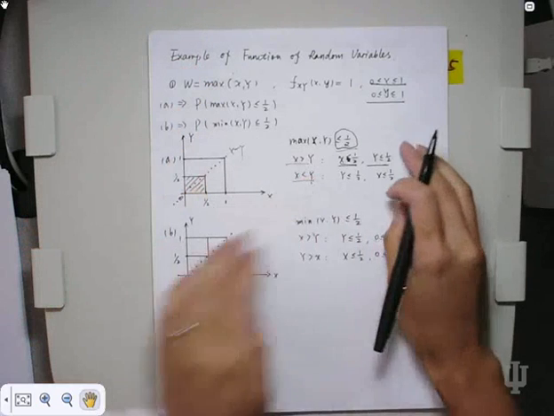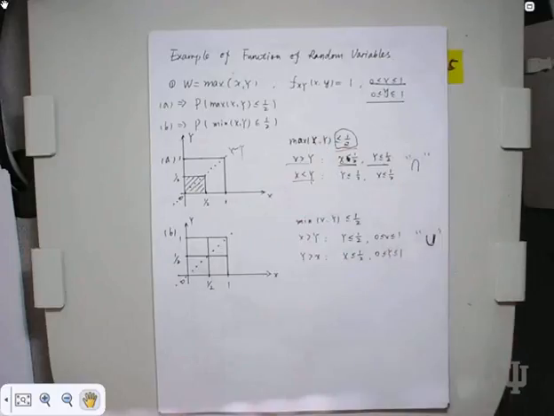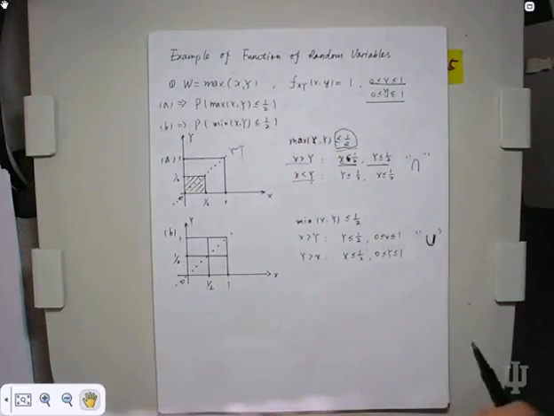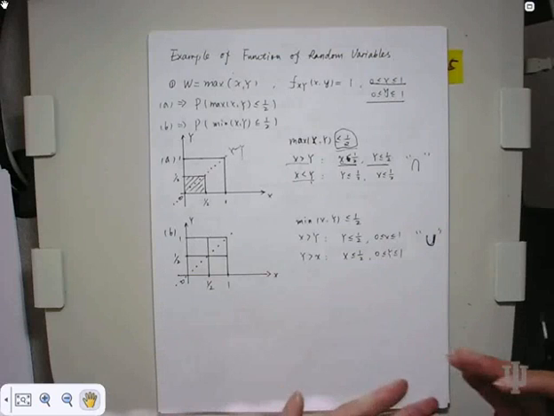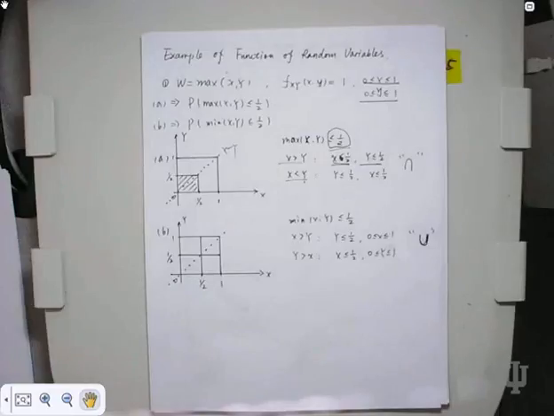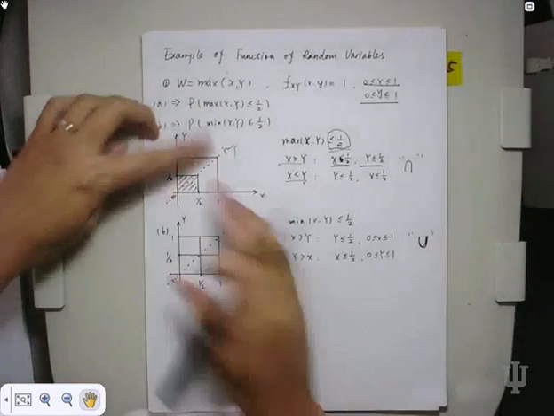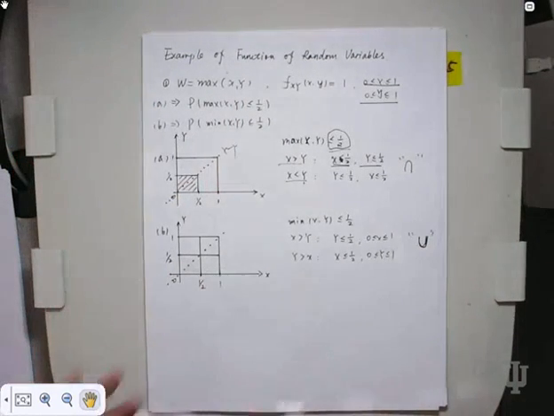So think about those conditions: max of x and y is less than a certain value means both of them need to be less than that value, right? So you get a square region. Of course, you're using the same limit to limit both random variables. You cannot get a rectangle because you have the same limit for both x and y, right?